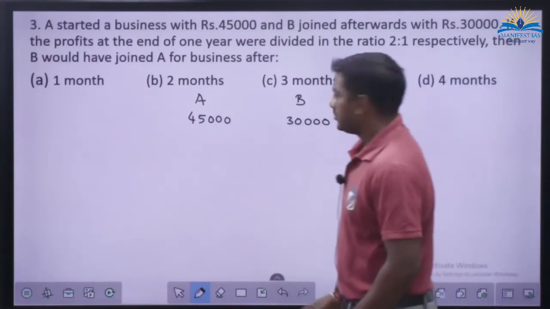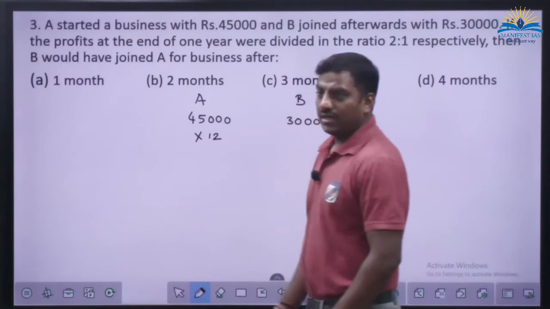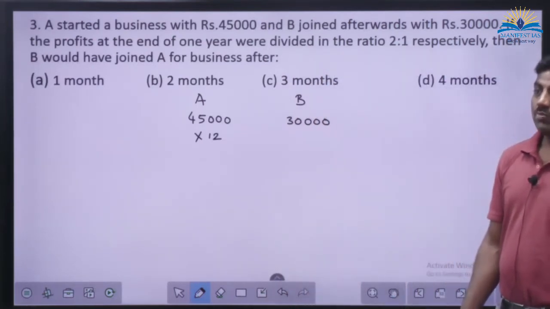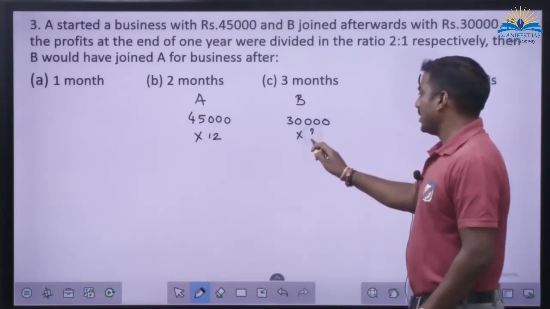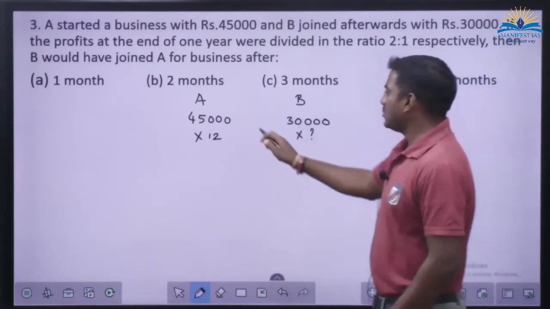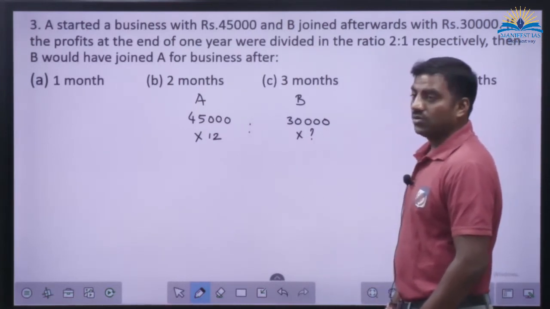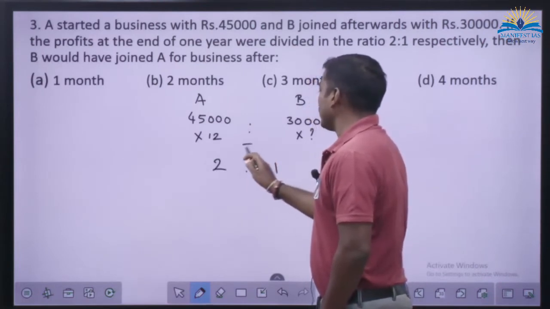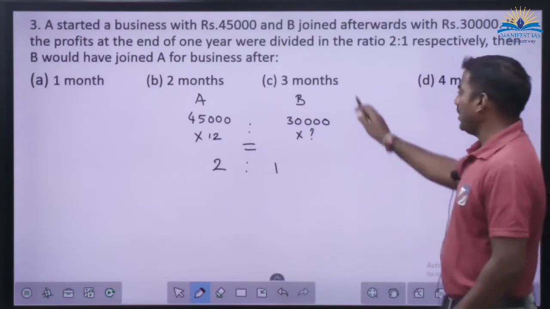Because the calculation is happening after 1 year, that means A has invested for 12 months. What about B? We don't know. So just keep it as a question mark here. But if you take the ratio of these two, what is the profit ratio? Now the whole idea is to equate these ratios.